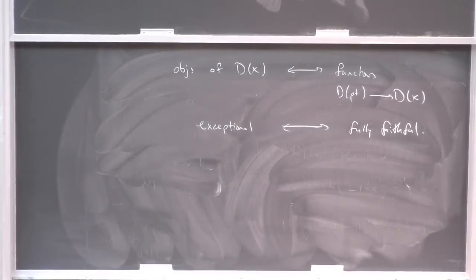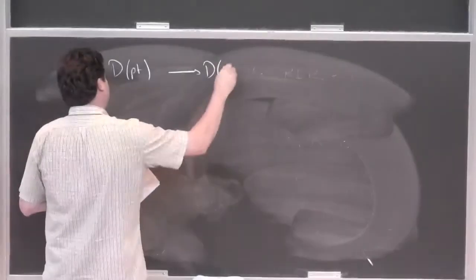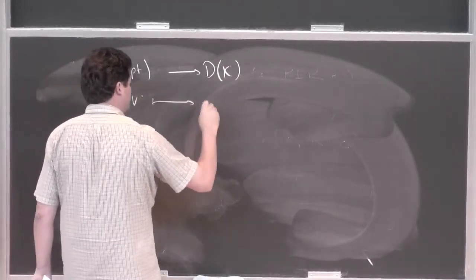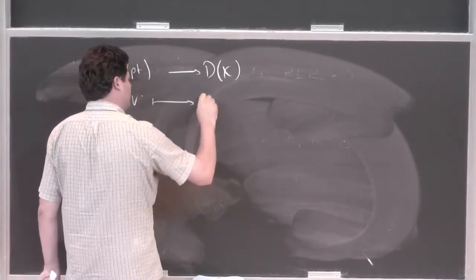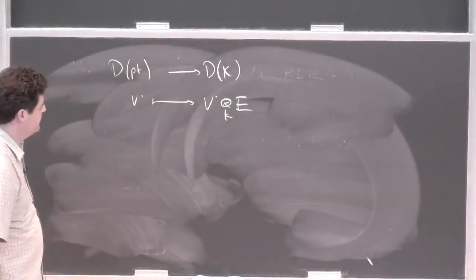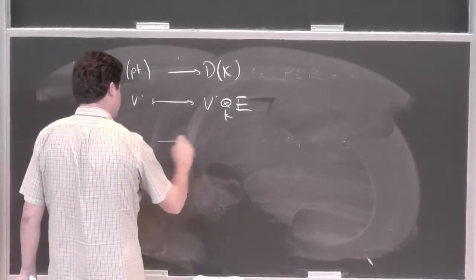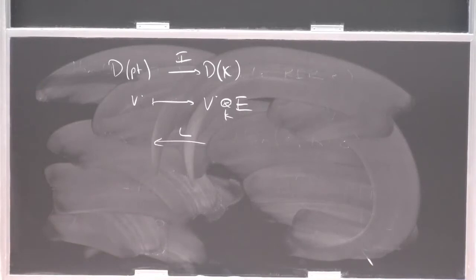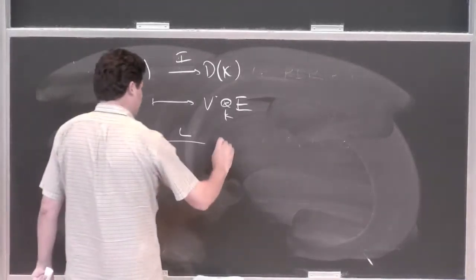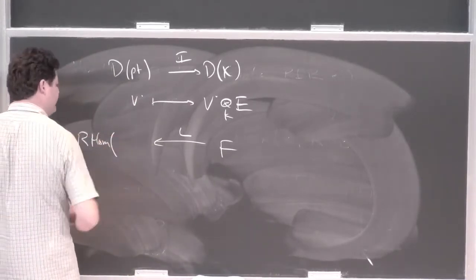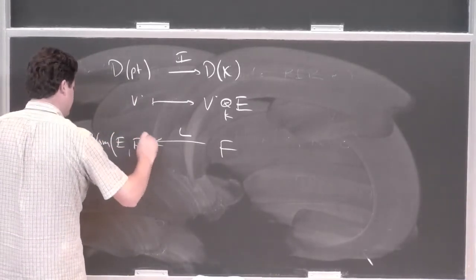If I have this functor from the derived category of a point to the derived category of X, which sends V to V tensor E, then the left adjoint, so that was my fully faithful functor if E is exceptional, sends some F to R hom from E to F.